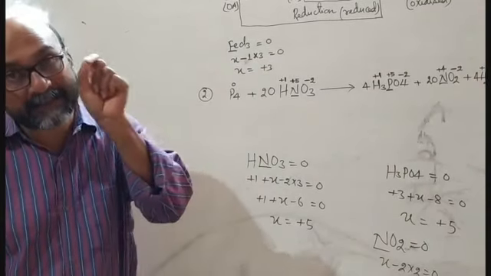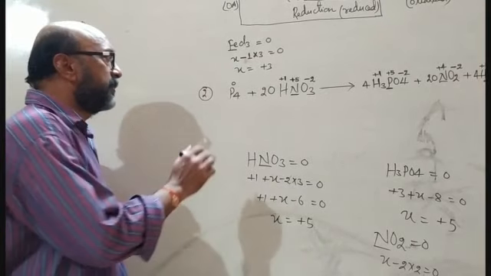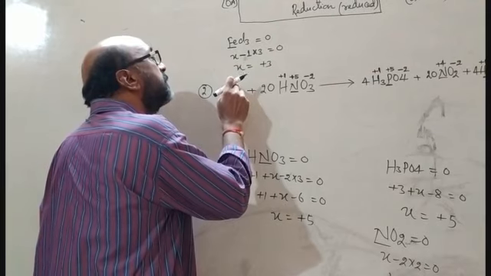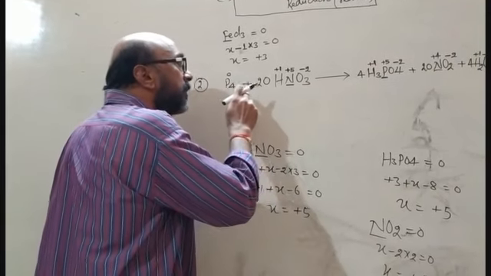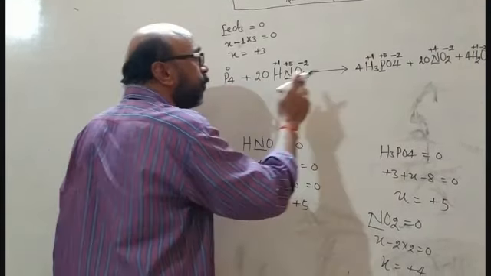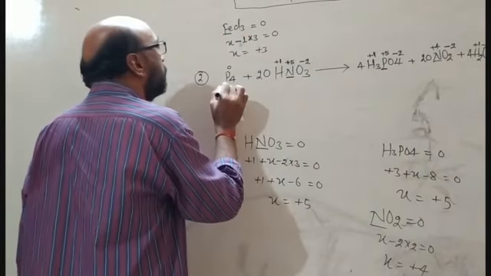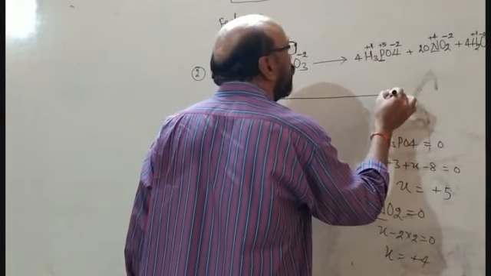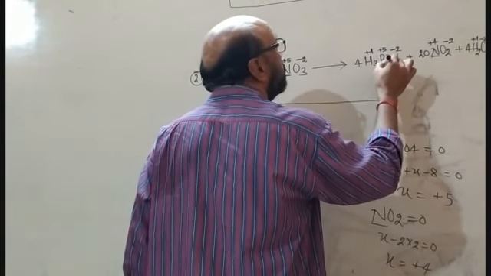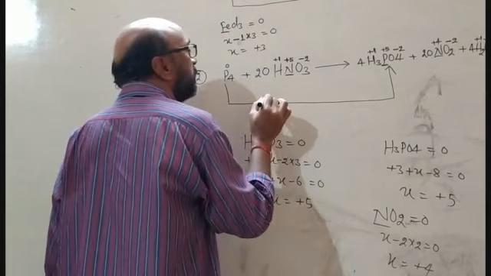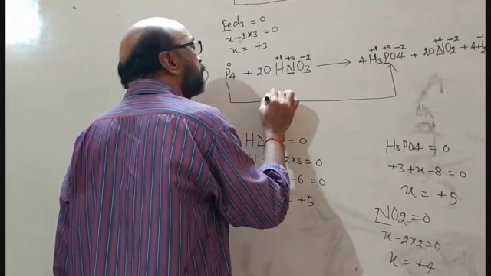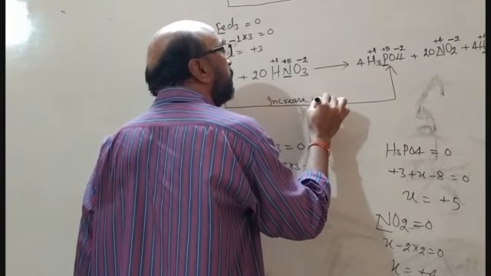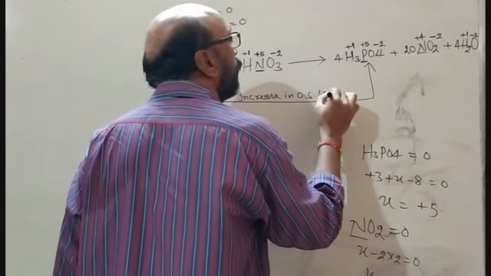Now look into the change in oxidation state. So the oxidation state of phosphorus changed in the reaction from 0 to +5. So what does it indicate? It indicates the oxidation state of phosphorus is increased. The increase in oxidation state is oxidation.